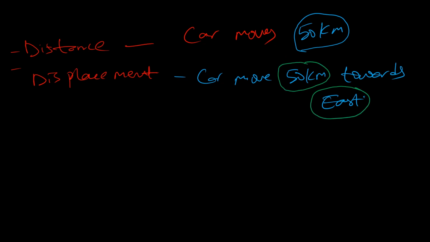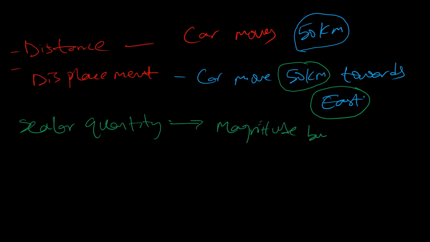The difference between distance and displacement is that distance is a scalar quantity. A scalar quantity is a quantity that has just magnitude, but no direction. Displacement, on the other hand, is a vector quantity.